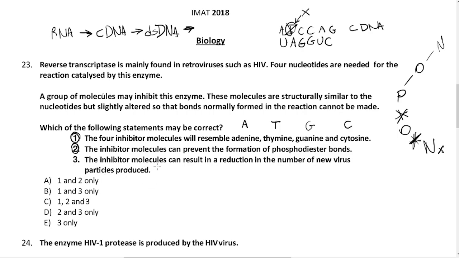And so if we reduce all of this process, we can actually reduce the number of particles. So number 3 is also correct. So our answer in this case is C, that every statement is correct.